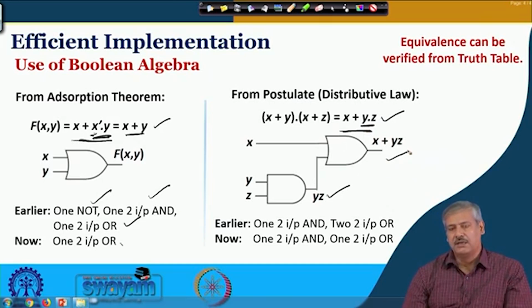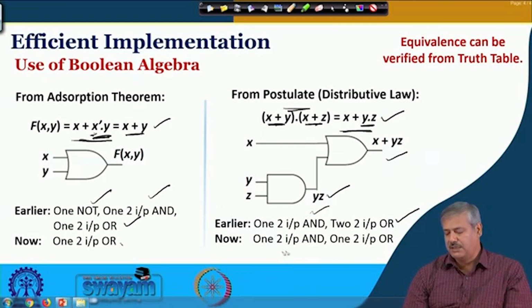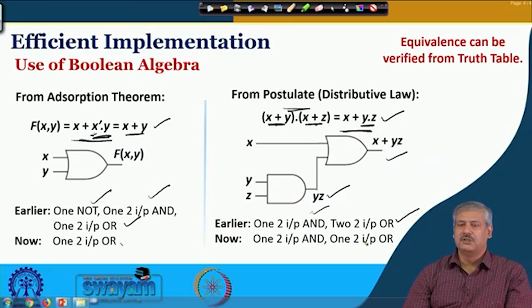Earlier, for this case it was two 2 input OR gates and one 2 input AND gate. In this case, one 2 input AND and one 2 input OR. So, by using Boolean algebra, by simplifying the relationship, we see that the hardware requirement is reduced, and we have associated benefit in terms of different performance metrics.